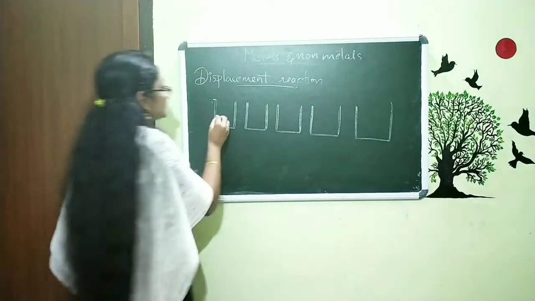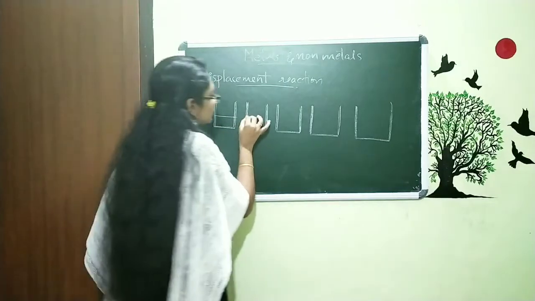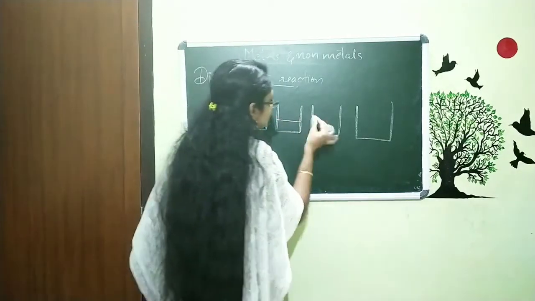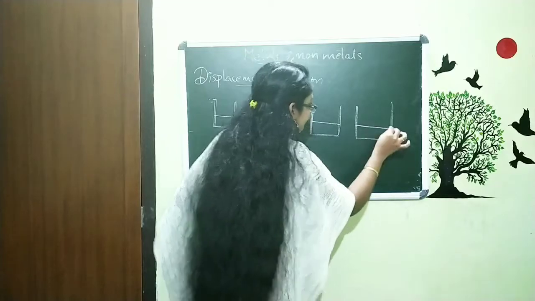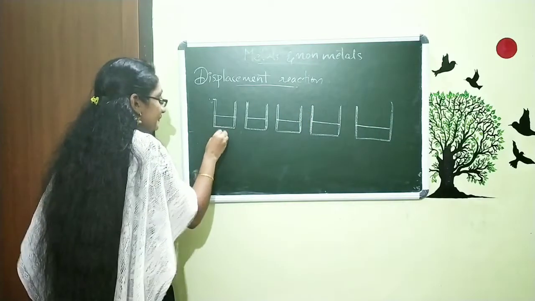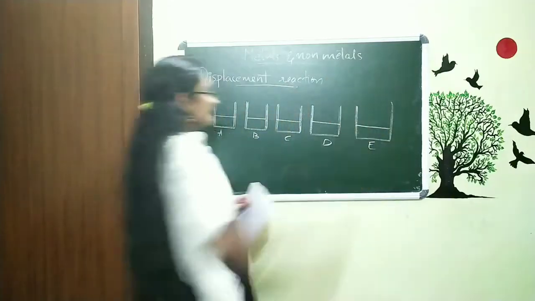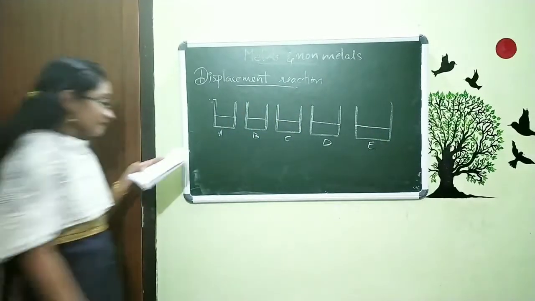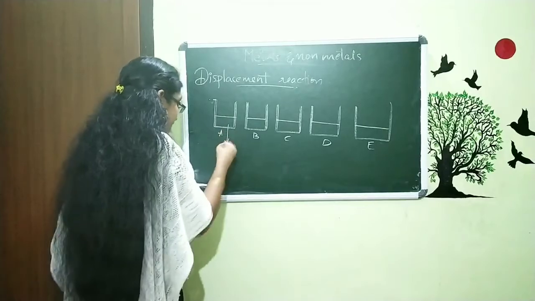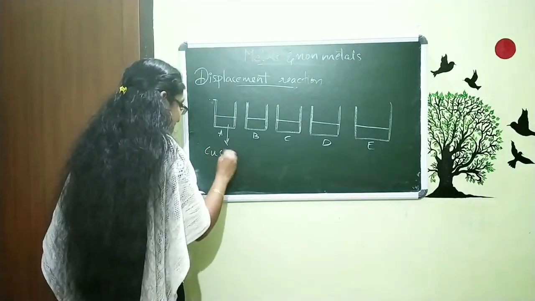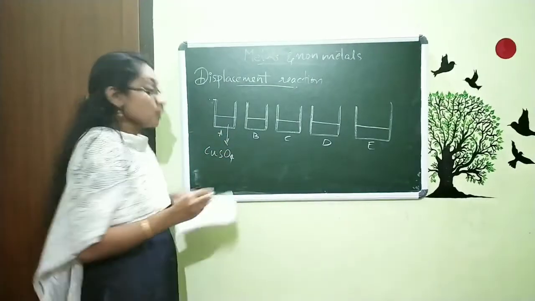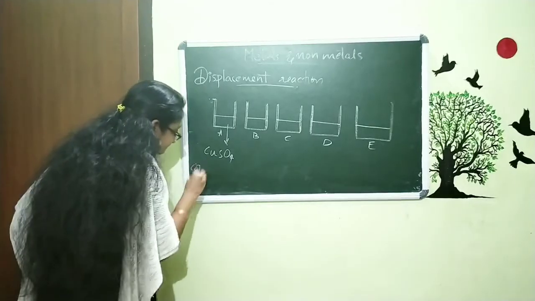And I am taking certain solutions in these: beakers A, B, C, D and E. In beaker A, I am taking CuSO4. CuSO4 means copper sulfate.